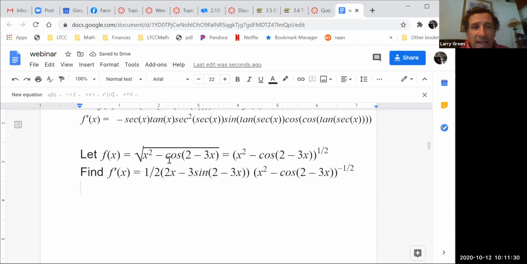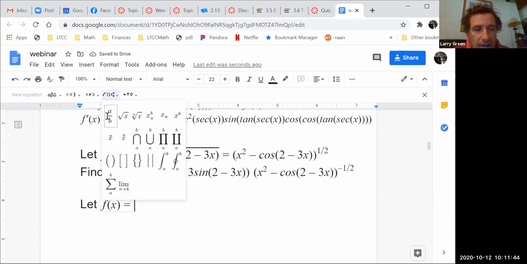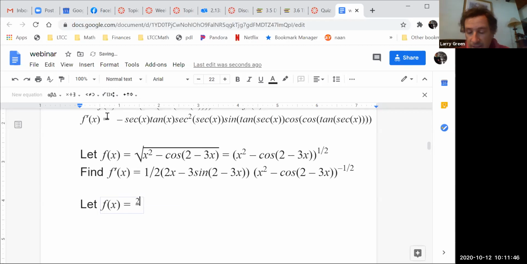Okay, one last quickie, because I want to make sure you're all okay with this. Let f of x equal, and we have a fraction, 2 over x squared minus x plus 3 to the 5th power.